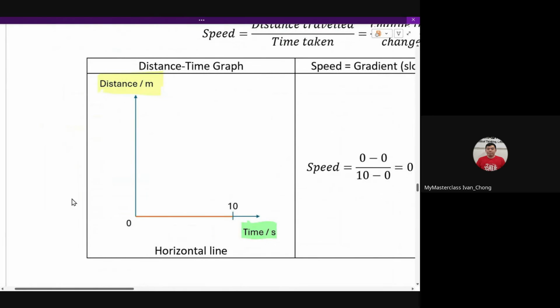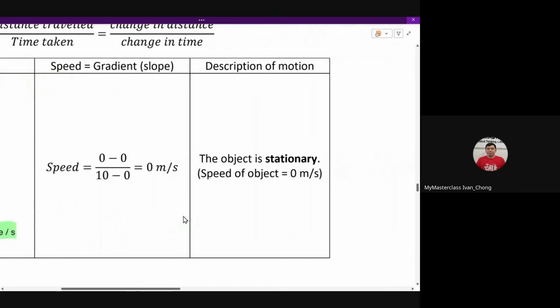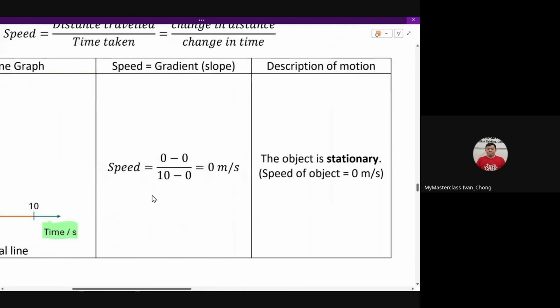You can just imagine your distance is 0. Every 1, 2, 3, 4, 5 seconds and so on, you'll notice that my object still remains at 0 distance. Basically, it is because my object is not moving, and because it is not moving, your speed is also 0.